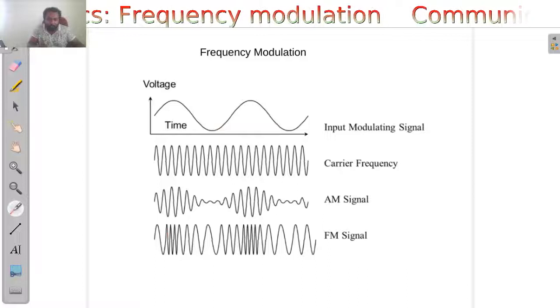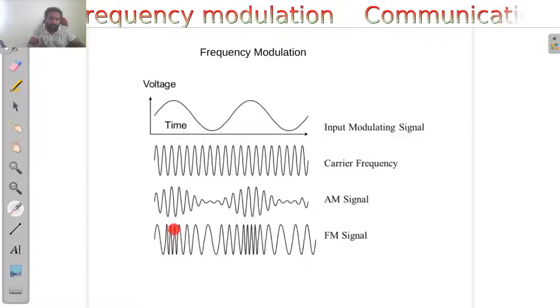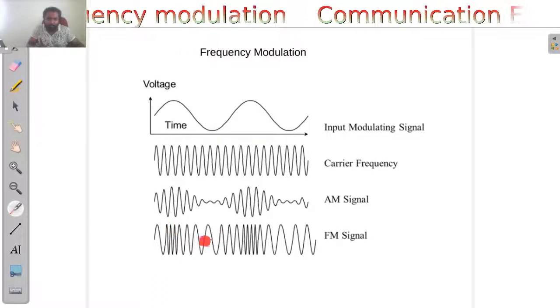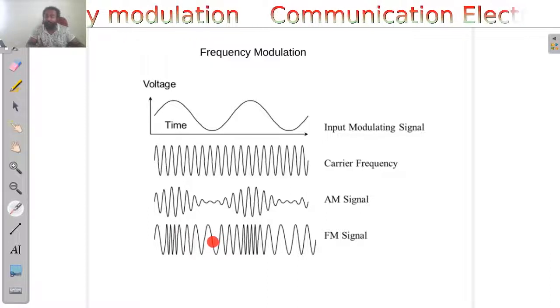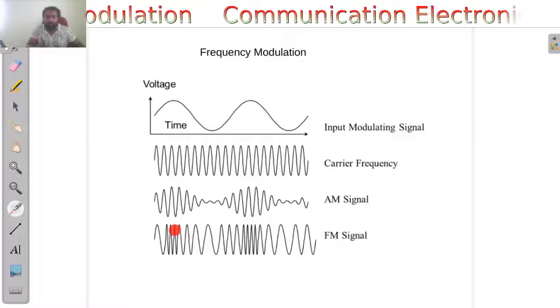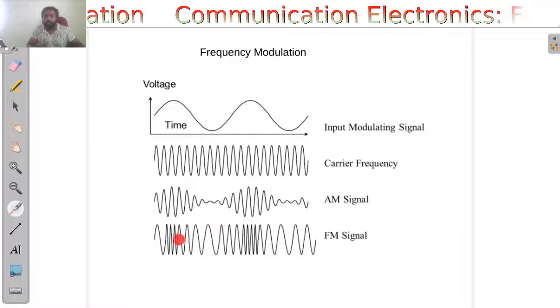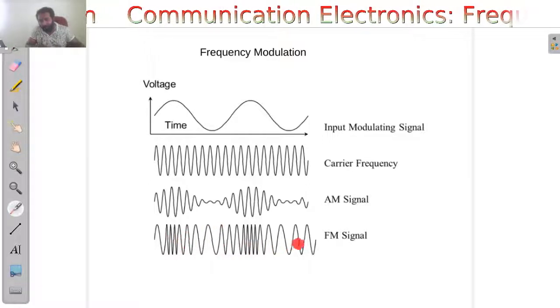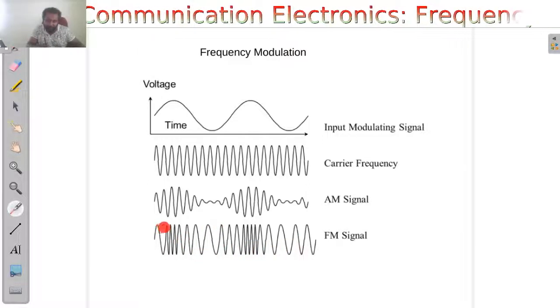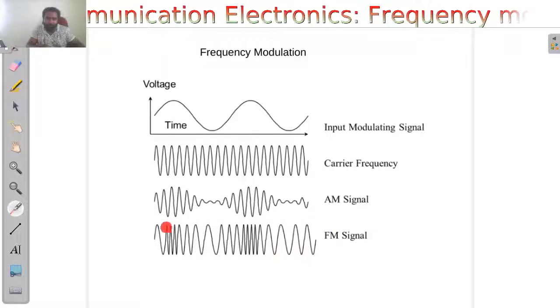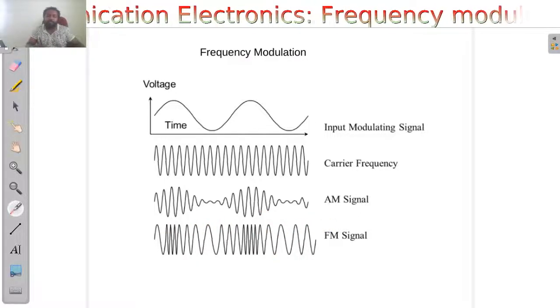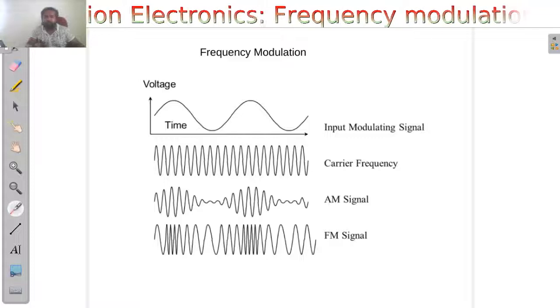So the difference between these 2 points is that here the frequency is higher, and at this point the frequency is much lower when compared with this one. So the frequency is the parameter that is getting varied in this case, and the amplitude, you can see, is constant throughout the waveform. So this is the case of a frequency modulated signal.